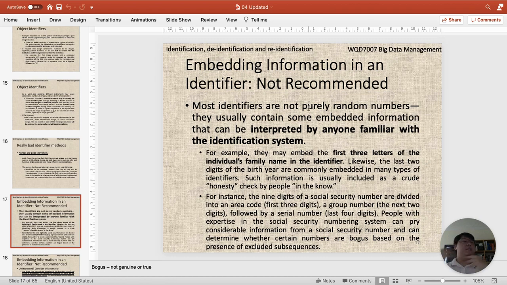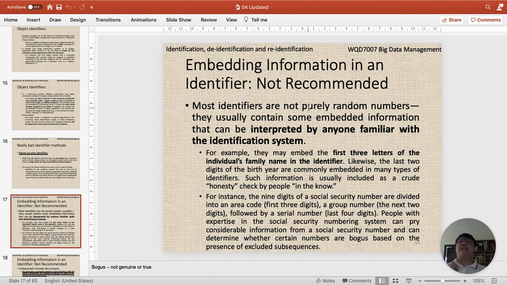Even our example just now shows that they have a certain kind of sequence, and that sequence gives you a certain kind of meaning.